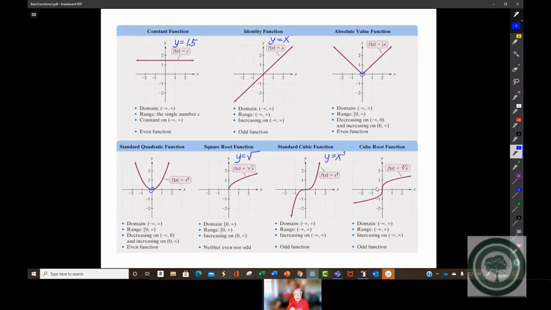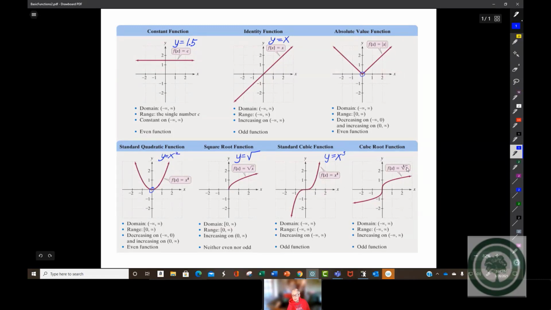In this version of MyMathLab, they call it the leading term test. But what does the function do out on the ends? And as we said last week, that's based on y equals x squared and y equals x to the third.